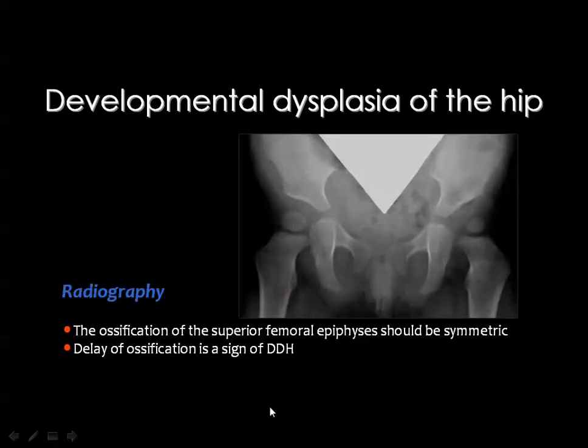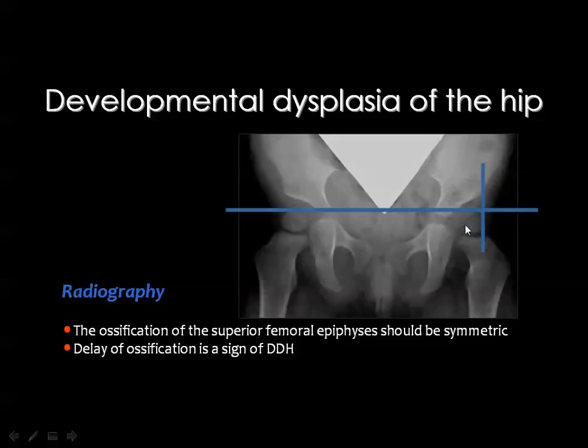Then by the plain X-ray, you are able to assess developmental dysplasia of the hip, especially whenever you have some ossification in the femoral capital epiphysis. We usually draw a horizontal line at the roof of the acetabulum and draw a perpendicular line to this one touching the iliac bone.